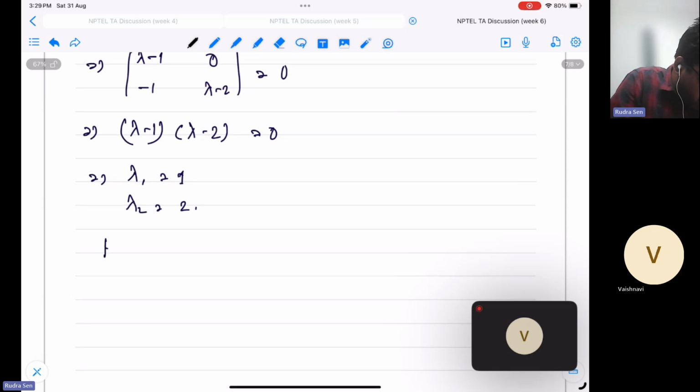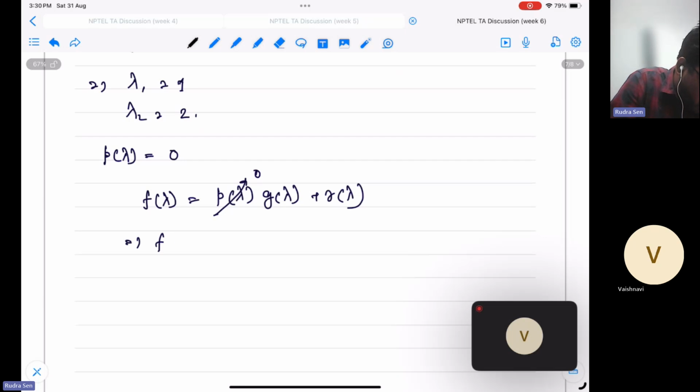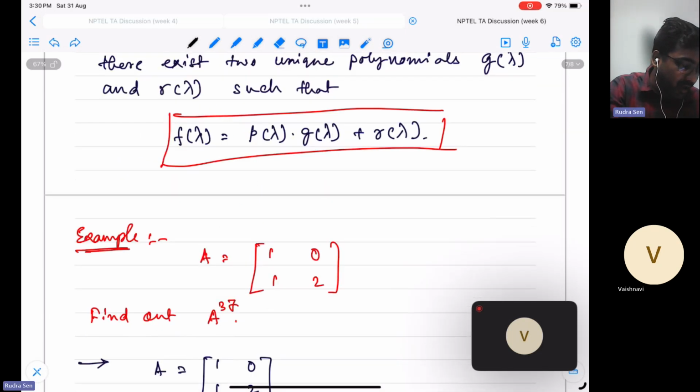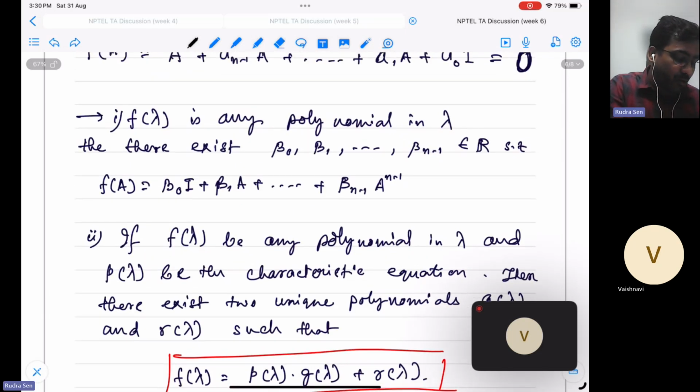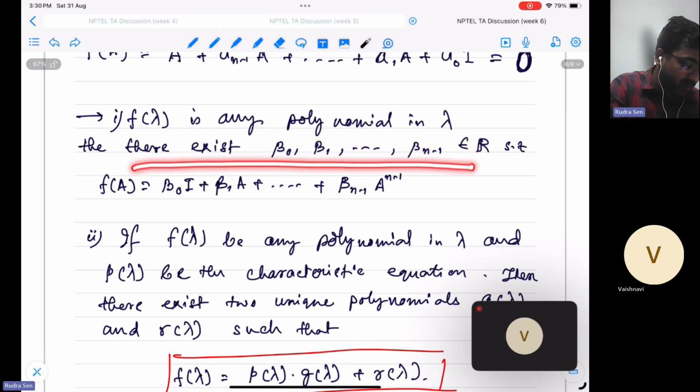Now we know that p of lambda, the characteristic equation, is 0. Therefore f of lambda equals g of lambda plus r of lambda, but since p of lambda is 0, we get f of lambda equals r of lambda. Also we have seen that if f of lambda is any polynomial, then f of A satisfies this equation.